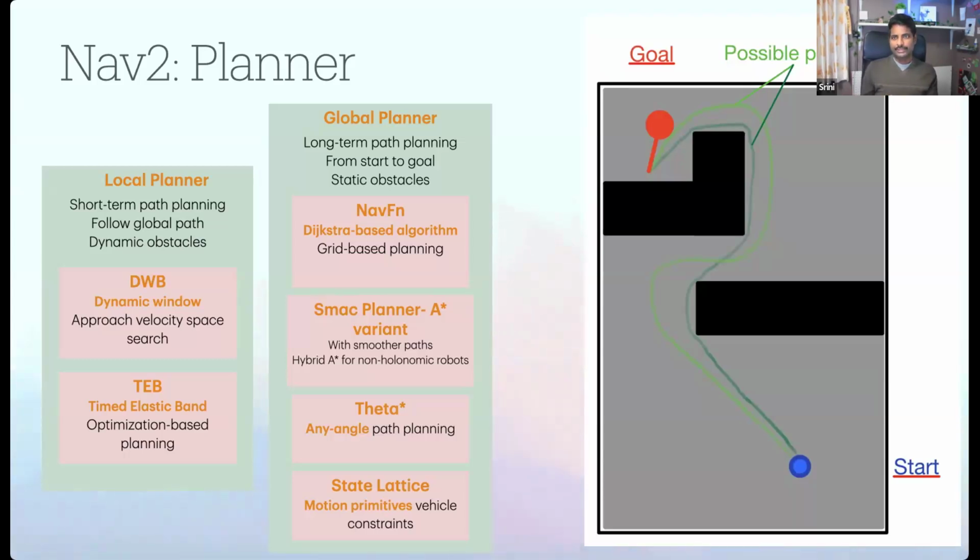A global planner is something where you have the notion of a map, so you know where things are. If you already have a prior map, then you figure out, okay, from the start location to the end location, I know this is where the obstacles are, so let me jot down the path to get to the destination.